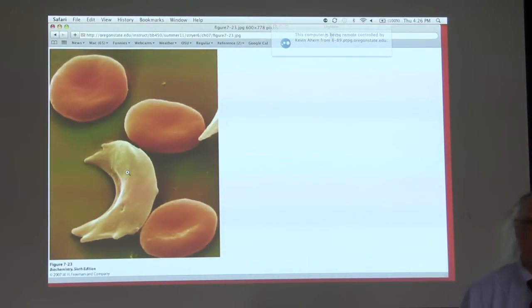The best survival was those who were heterozygous. There was an advantage. The organism that causes malaria is dependent partly upon oxygen that it derives from blood cells.